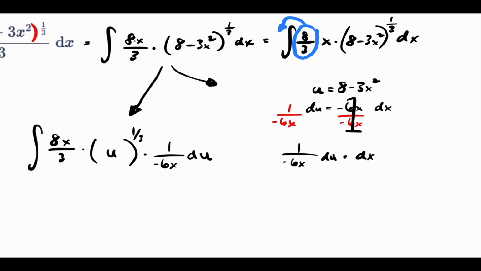I only want u's. I don't want x's. So x's I want to go away. Well, those divide to make 1.